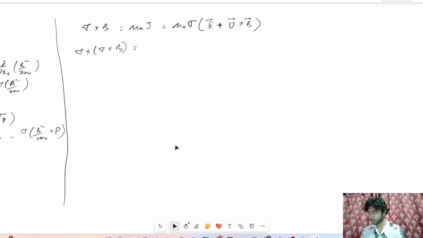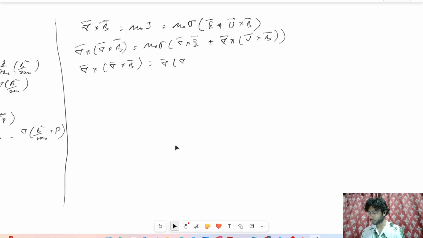So mu naught sigma del cross E plus del cross v cross B. And del cross del cross B is del of del dot B minus del square B. I think we have done this identity before.